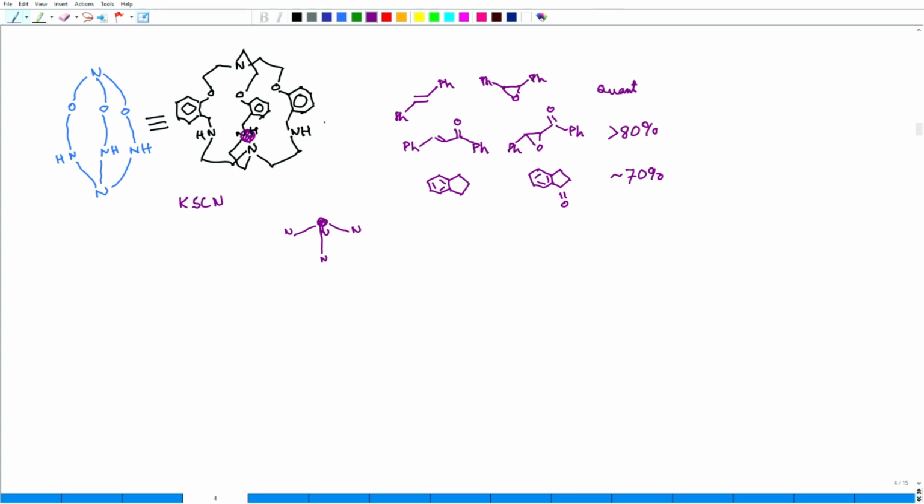Because copper or cobalt are tightly held, I am not going through the mechanism right now, but you know that this kind of reactions can go very easily. There are a bunch of reactions.